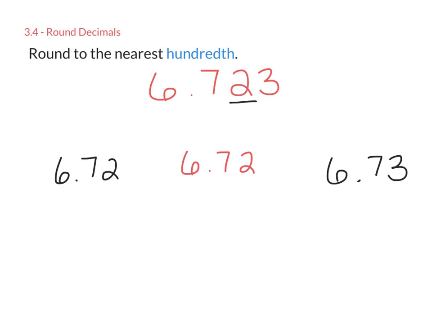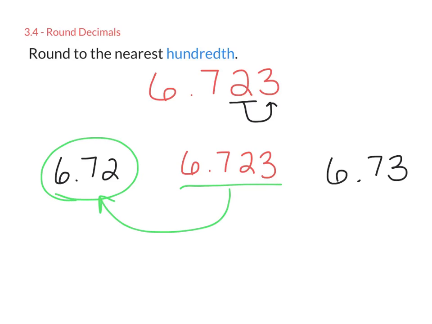So 6 and 723 thousandths is greater than 6 and 72 hundredths, but it's less than 6 and 73 hundredths. We want to know which one it's closer to. We're going to look one digit to the right. We have a 3. That tells us we're going to round down. So 6 and 723 thousandths rounds down. It's closer to 6 and 72 hundredths.